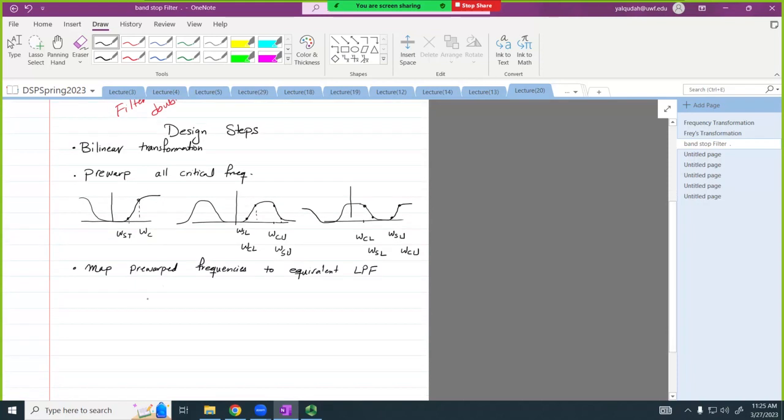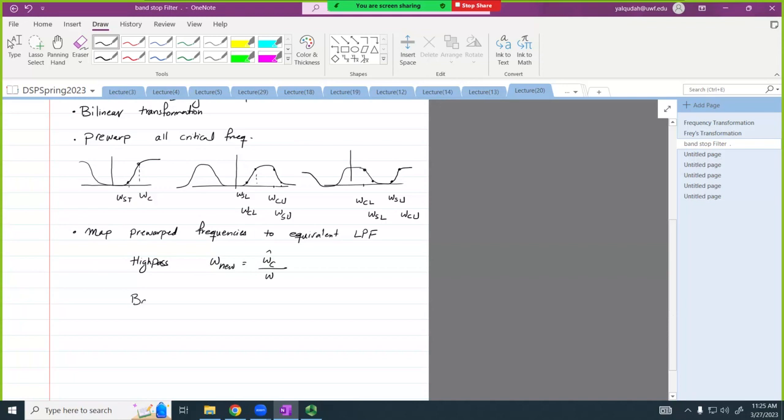And if we are designing a high-pass filter, then omega nu is going to equal omega cutoff hat divided by omega.